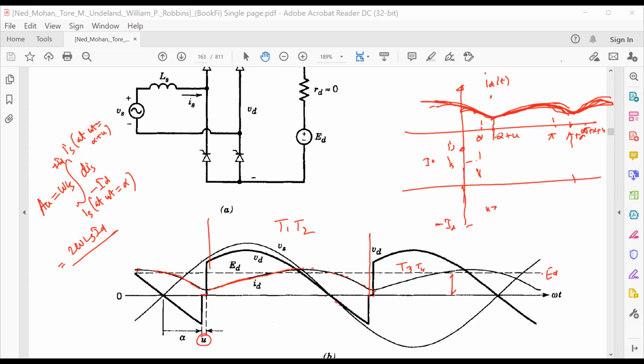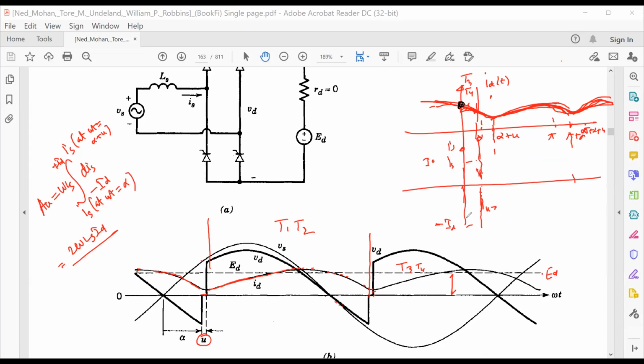Here, when your T1 and T2, sorry, T3 and T4 will be conducting until alpha, that should be the mirror replica of this current. So this current will be your, then I am plotting, just look very carefully.